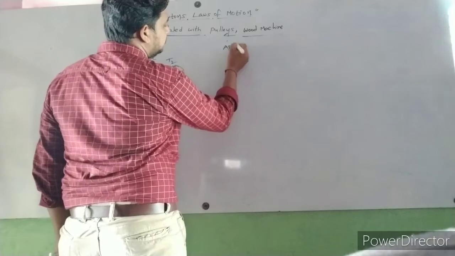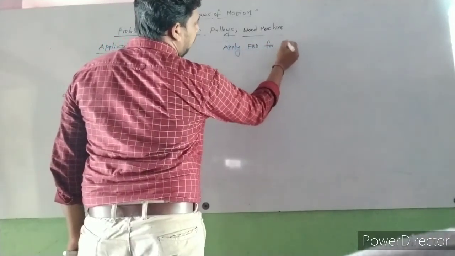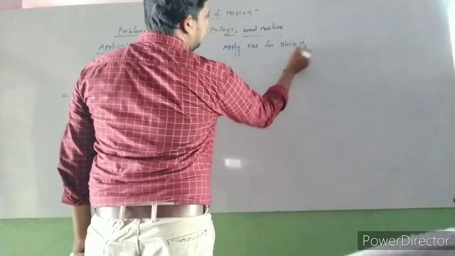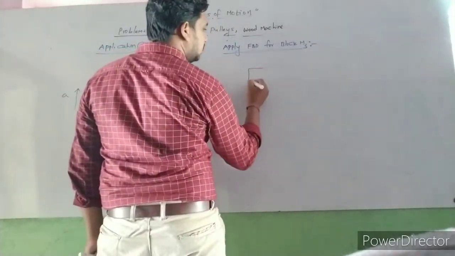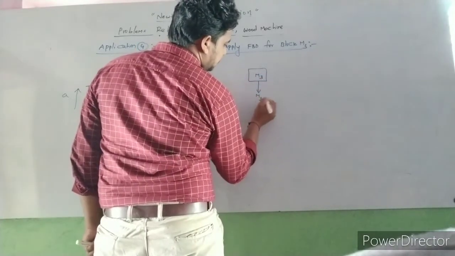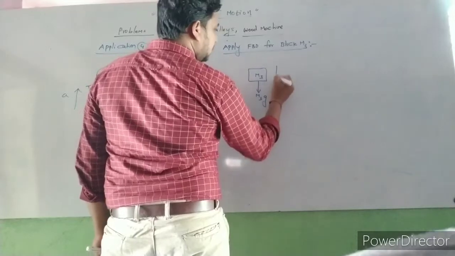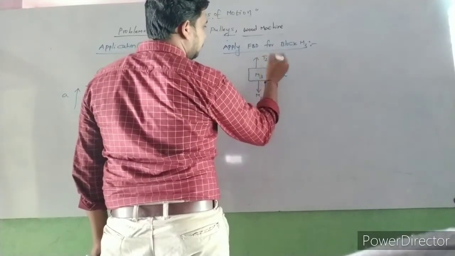For this block M3, M3G is acting here, acceleration is like this, and tension T2 is acting in the upward direction.